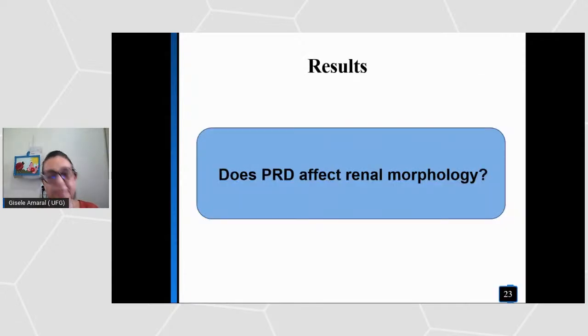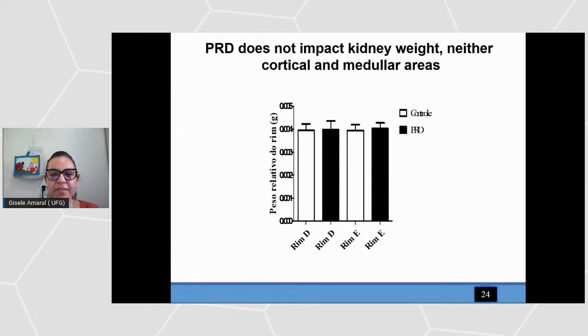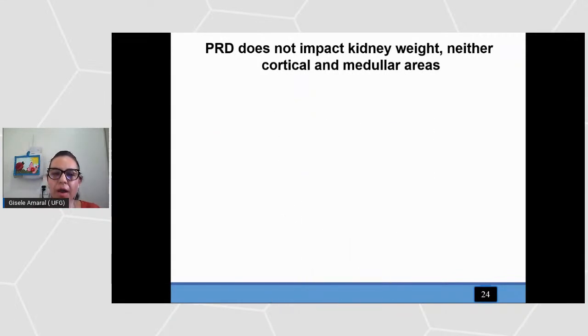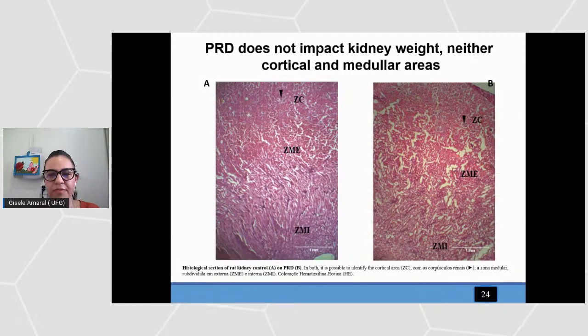And does prednisone affect renal morphology? When we analyzed the weight of the kidney, it didn't show any difference, neither in the cortical or medullary area of the kidney, as you can see in the blue zone.